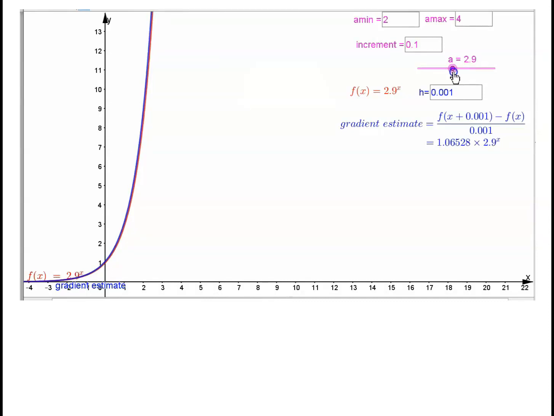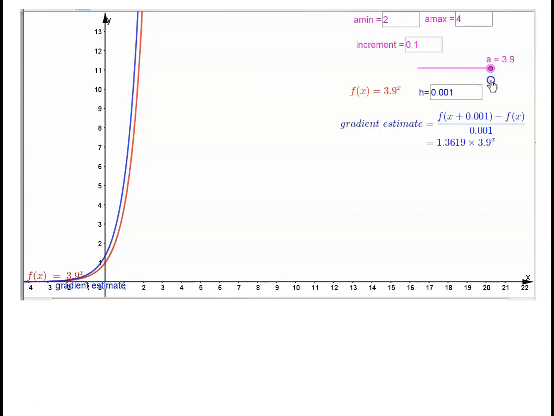At 2.8, the gradient curve is now getting bigger than the original curve. So let's now zoom in and take the value of a to be something between 2.6 and 2.8.